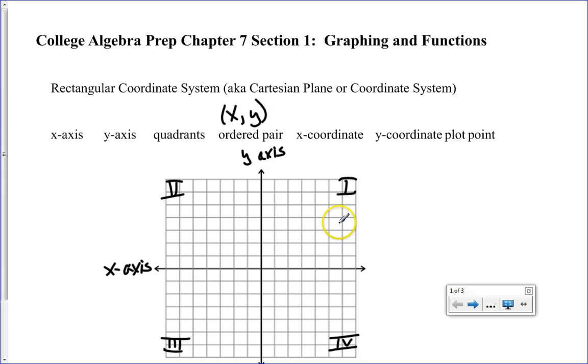An ordered pair in this section, both of them would be positive. In this section, the x value would be negative, but the y is positive. On this one, they're both negative. And on this one, the x value is positive and the y value is negative. Okay? So those are the main vocab words for today.